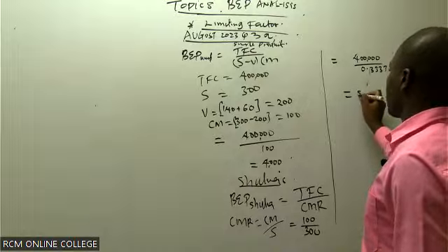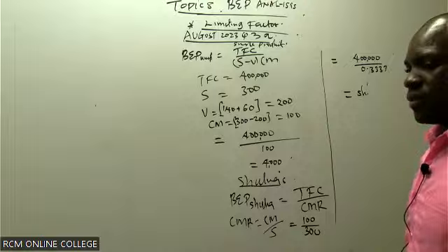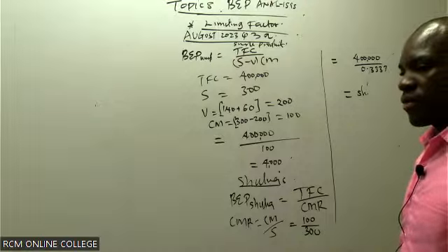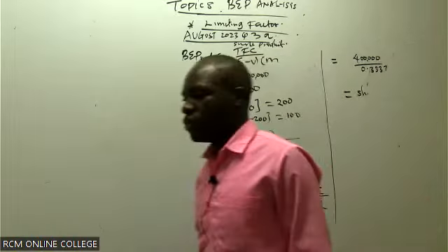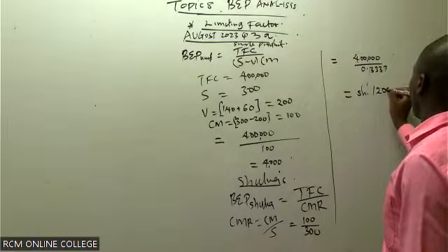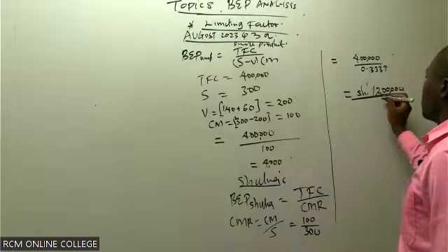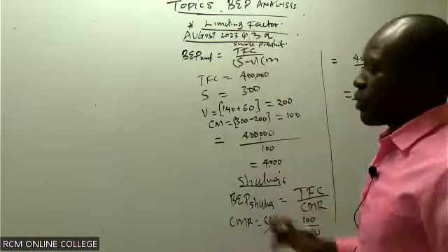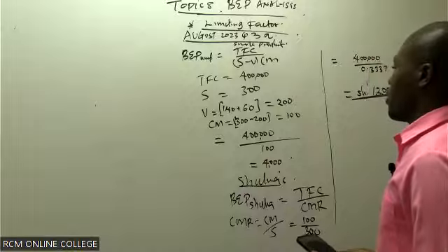What is our break-even point in shillings? 120,000, or 1.2 million? 1.2 million. So that is the break-even point in shillings of a single product. That is the break-even point of single products.